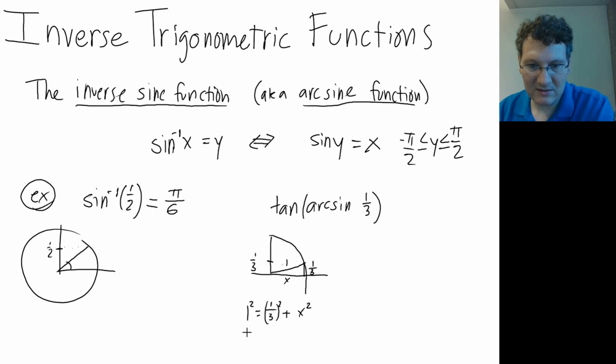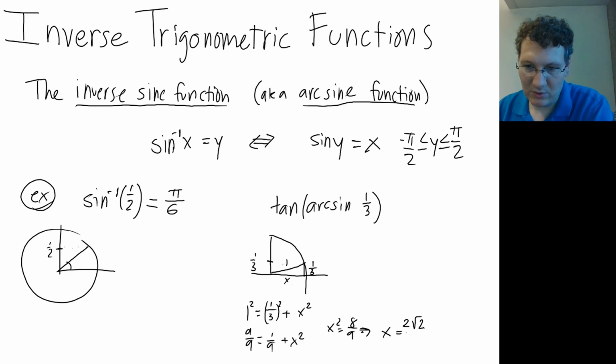So this is 9/9 equals 1/9 plus x squared. So x squared is 8/9, which is to say that x is square root 8.